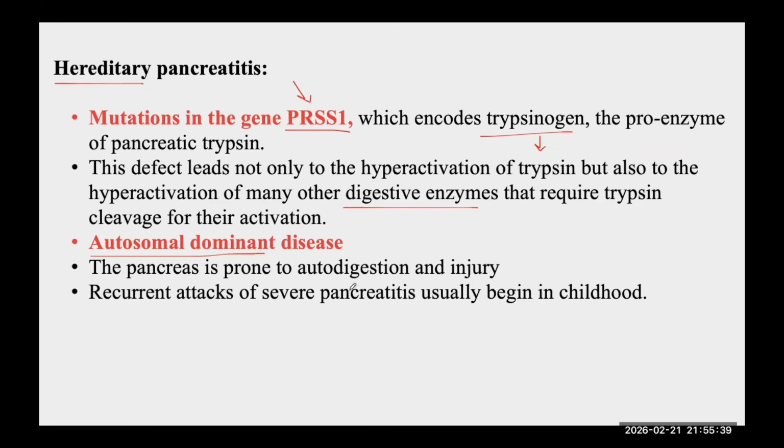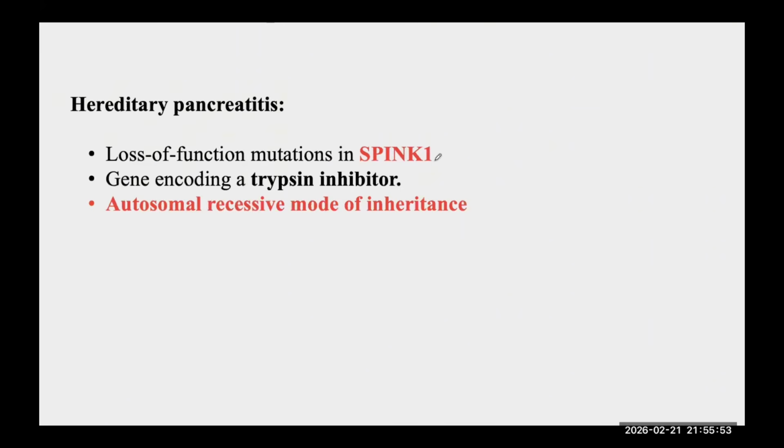The pancreas becomes prone to autodigestion and injury, and recurrent attacks of severe pancreatitis usually begin in childhood because it's a hereditary condition. So it's important to remember that this one is autosomal dominant, because the other mutation, the SPINK1 mutation, is actually autosomal recessive. It's a mutation in the gene encoding a trypsin inhibitor.